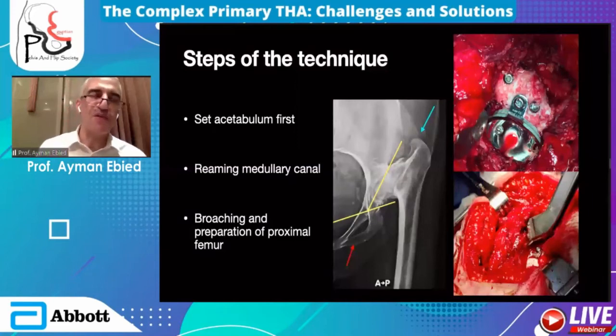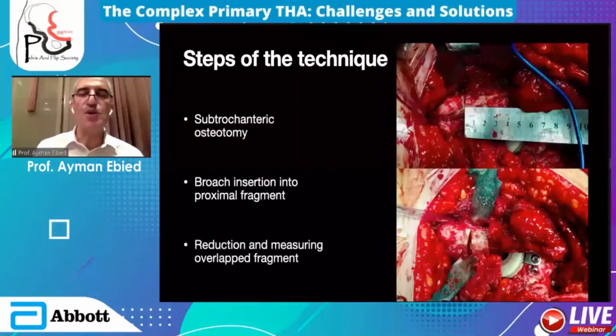Broach the proximal femur and see how much you need to bring your femur down when the broach is in, and perhaps start first by performing the subtrochanteric osteotomy while the broach is in.